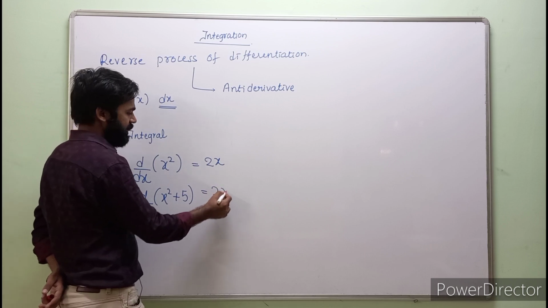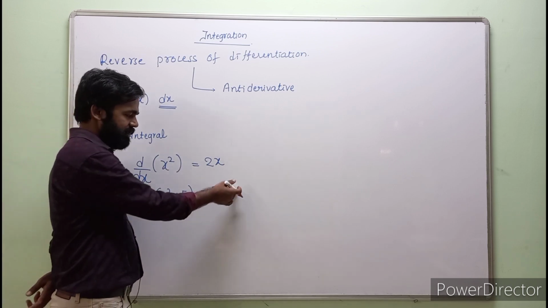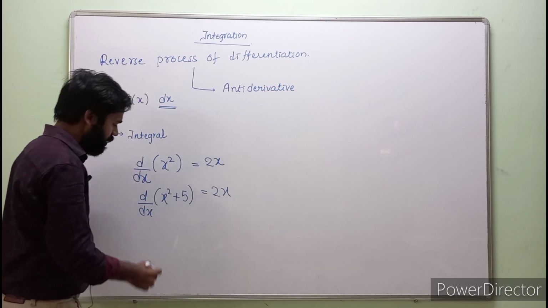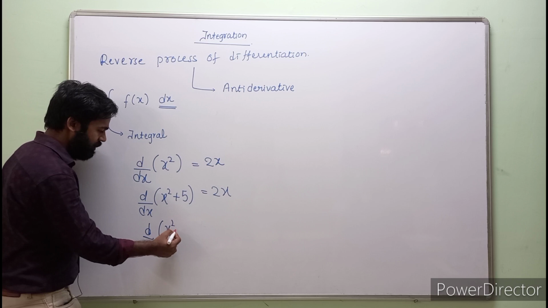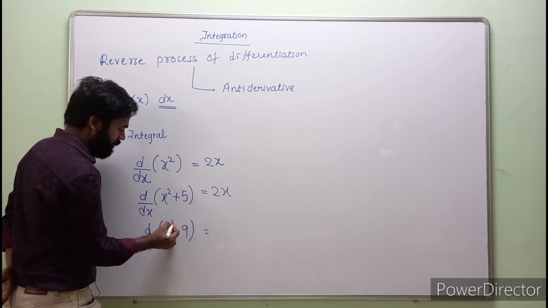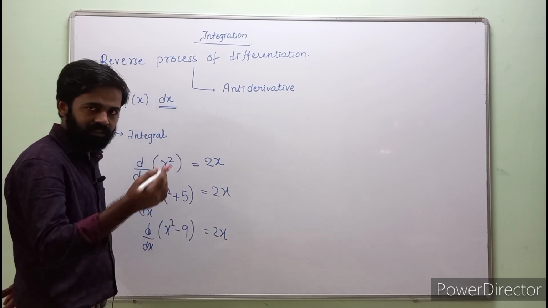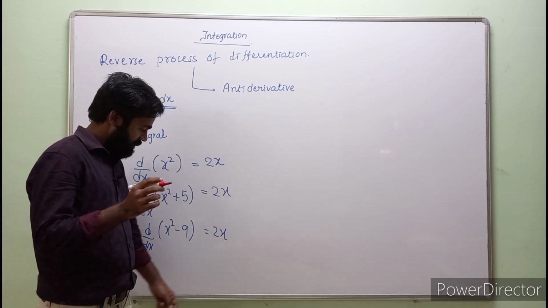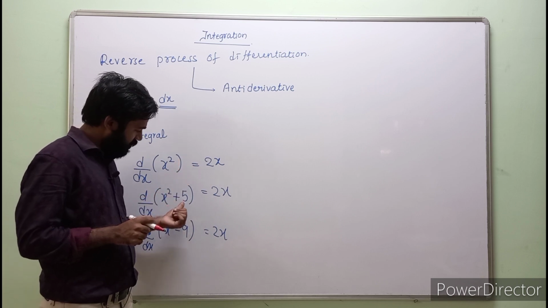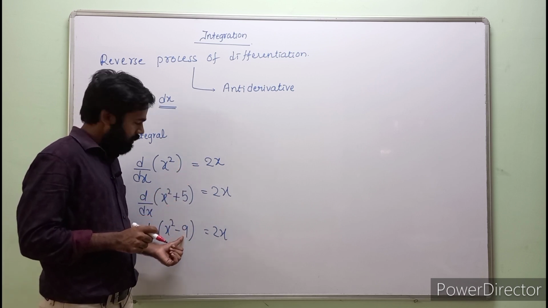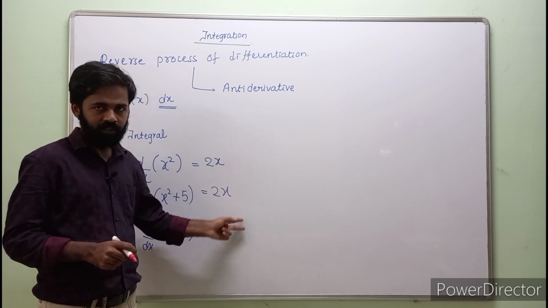Differentiation of x square is 2x. 5 is a constant, its differentiation is 0, so I will leave it. Now if you take d by dx of, let's say, x square minus 9, now x square differentiation 2x, 9 differentiation is 0, right? So whatever the constant you have, its differentiation becomes 0.